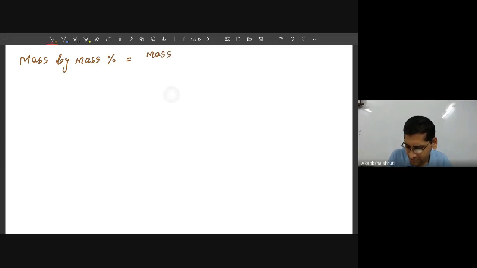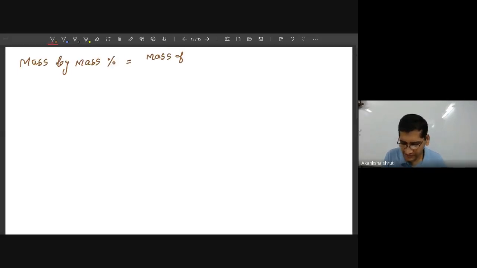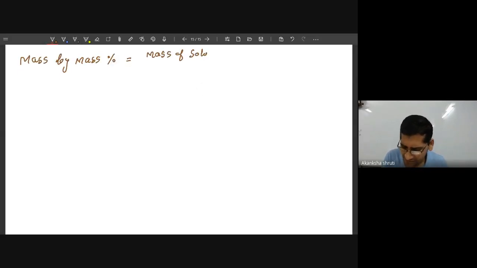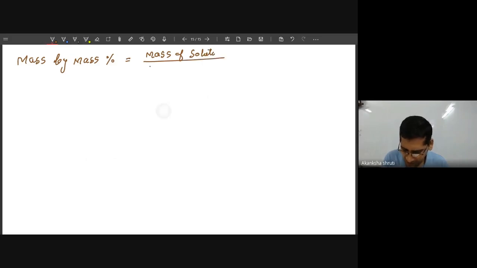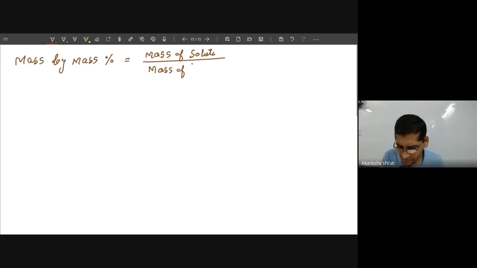Student, so we are talking about mass by mass percentage. What have we learned? We have learned that this is the mass of solute by the mass of solution, and this has to be multiplied by 100.